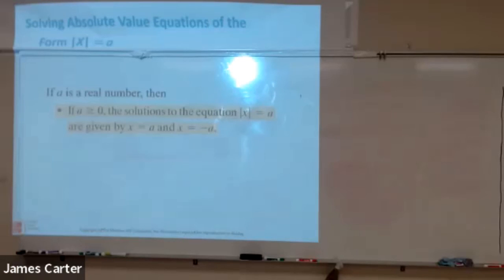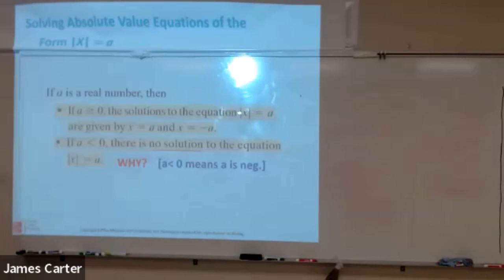If A is less than 0, meaning a negative number, there is no solution to the equation. Why? Because you can't take the absolute value and get a negative outcome.